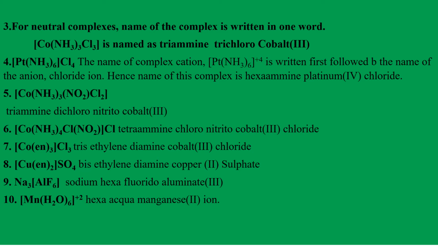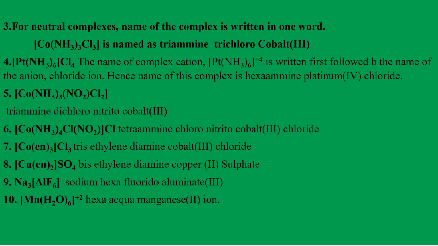Again, 3 is the oxidation state of cobalt. 8th example: [Cu(en)2]SO4. This is also ethylene diamine, but only 2 are there. So we should use bis ethylene diamine copper 2 sulfate. 2 is the oxidation state of copper.